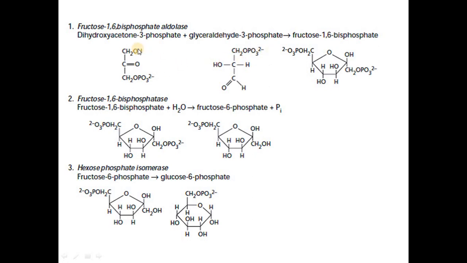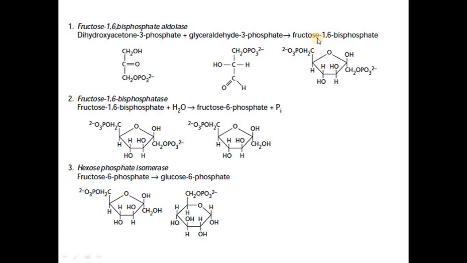Now, all the G3Ps are being converted into dihydroxyacetone phosphate, which is a form of triose sugar which can pass through any type of membrane. So all the 3PGs which are being synthesized in the middle of the Calvin cycle have to be converted to dihydroxyacetone. Then dihydroxyacetone is connected with glyceraldehyde 3-phosphate to form fructose 1,6-bisphosphate.